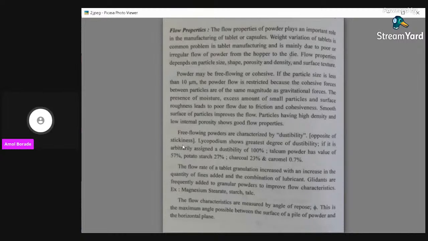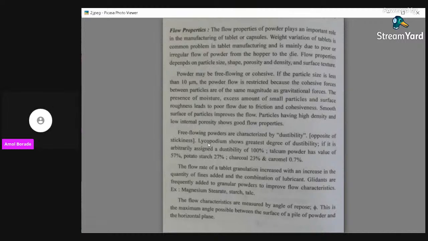For desirable characteristics, we want dustability. Free flowing powders are characterized by dustability. Means the powder which has free flow, we can say that powder has dustability. So we want dustability, and for that we have taken one example.